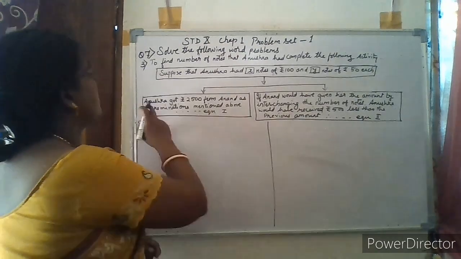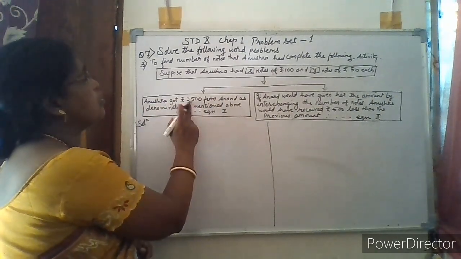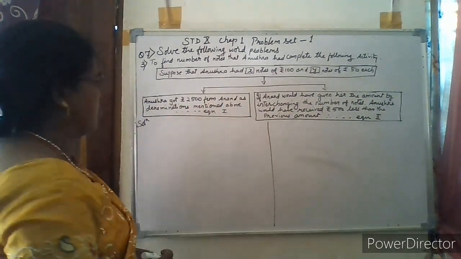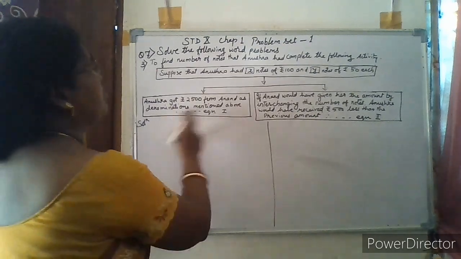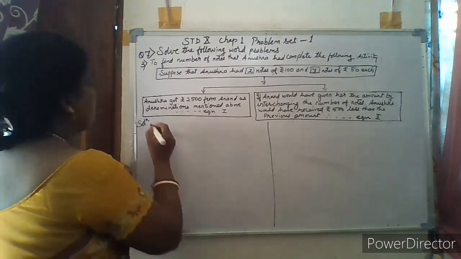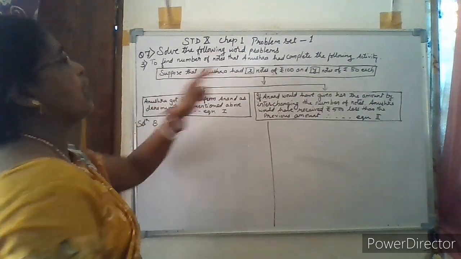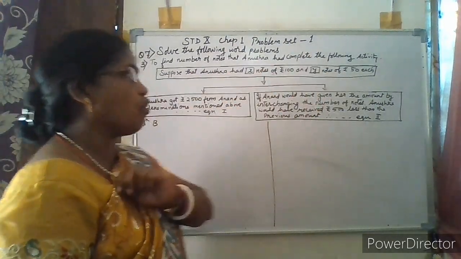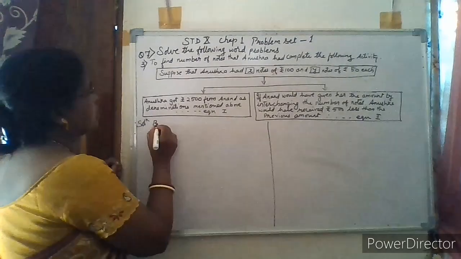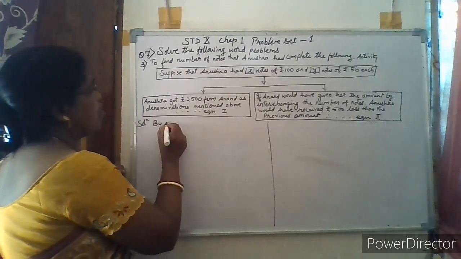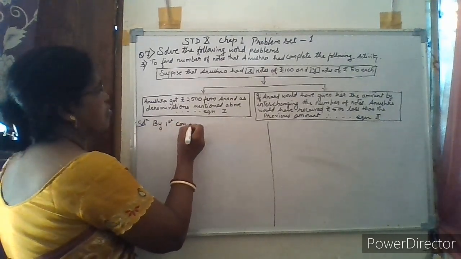Together she has got from Anand 2500 rupees. So that means this becomes equation 1. By first condition it is already given, so I won't write it. We'll go with the first condition directly.